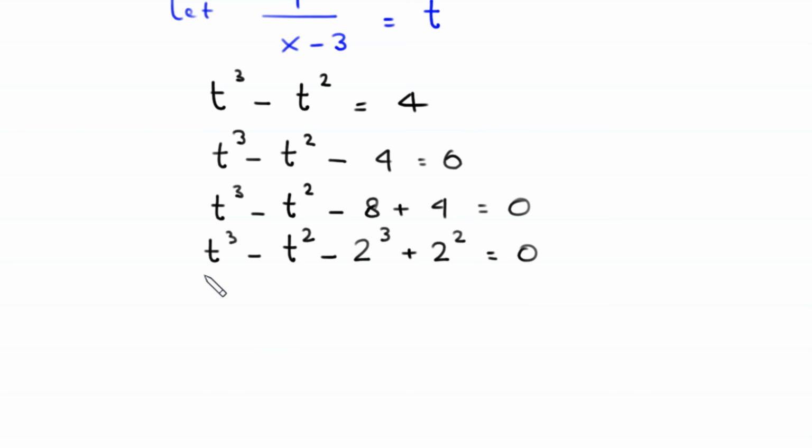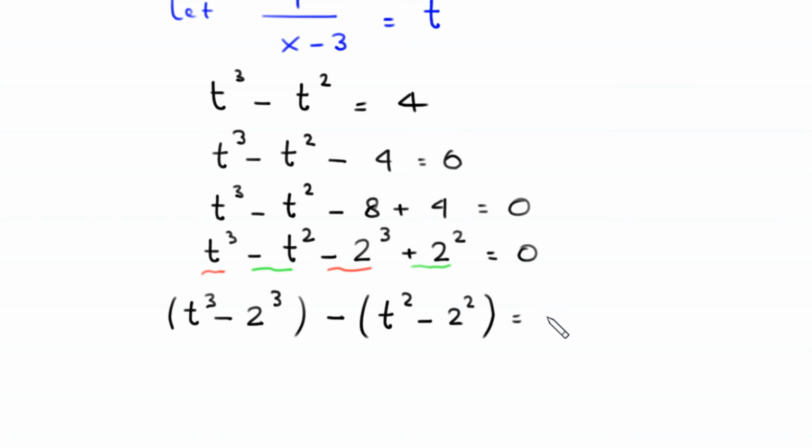Now we combine these two terms, t cubed and negative 2 cubed, and we combine these two terms, negative t squared and plus 2 squared. This will become t cubed minus 2 cubed. We use parentheses to make this a group minus. Due to this negative sign, this t squared will become positive t squared. This plus 2 squared will become negative 2 squared equal to 0.